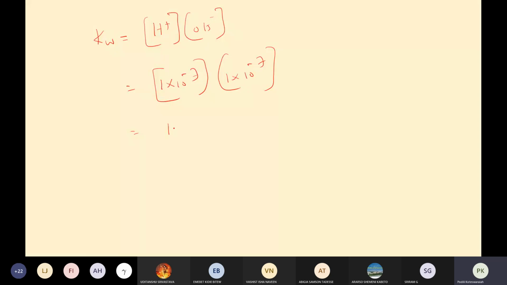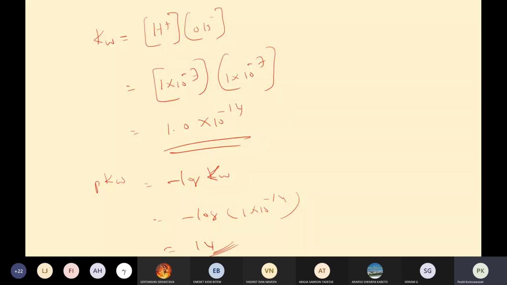Therefore, Kw is equal to 1.0 into 10 to the power of -14. From this, we can also calculate pKw, that is minus log Kw, equal to minus log 1 into 10 to the power of -14, that is equal to 14. So Kw is 1.0 into 10 to the -14, and pKw is 14. This is the ionic product of water.